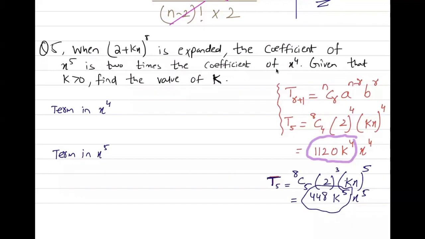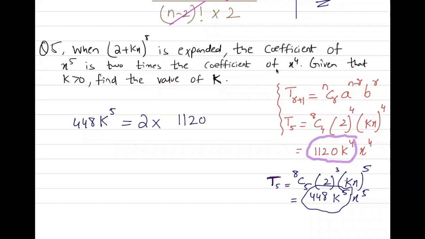The question says that the coefficient of x to the power of 5 is 2 times the coefficient of x to the power of 4. So the coefficient of x to the power of 5, that is 448 k to the power of 5, is 2 times the coefficient of x to the power of 4, that is 1120 k to the power of 4.